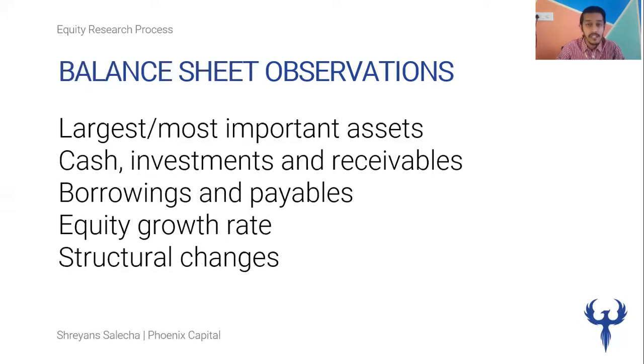It might have zero debt, but it might decide to take up debt, maybe to decrease its cost of capital, or because it has a very good expansion opportunity available. So these are the structural changes, if there is any major change. So changes in the largest assets or the liability structure, or how the capital is being funded. All of these things you could take a look at, right?